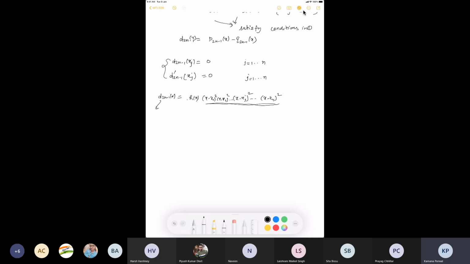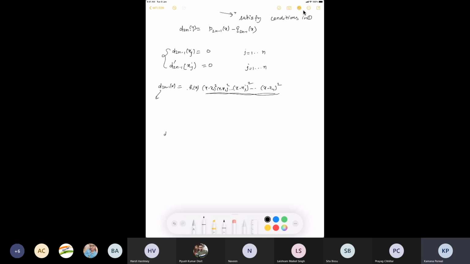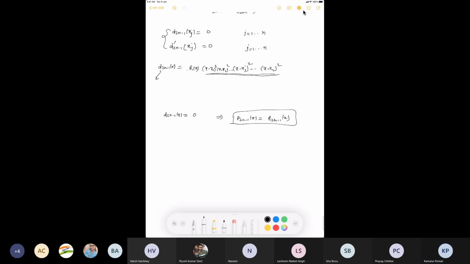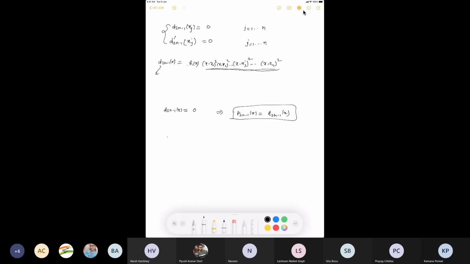That time we proved the uniqueness of the polynomial using similar arguments. So you just complete the arguments and you will be able to prove that for d2n minus 1 of x, the only choice is the zero polynomial, which will imply that p2n minus 1 of x equals q2n minus 1 of x. This means that the Hermite interpolating polynomial is unique.